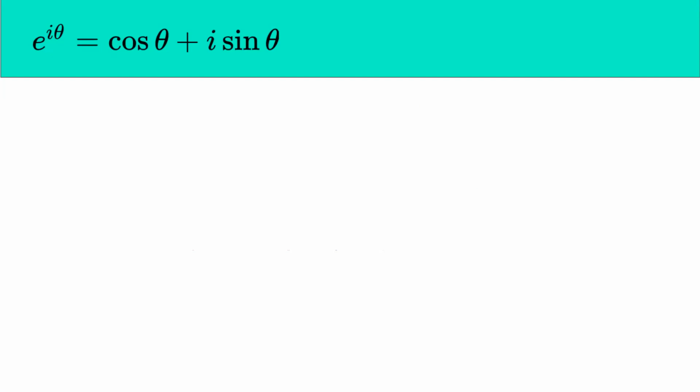First, recall that i is the imaginary unit, and it is equal to the square root of -1. Raising i to the 0th power, we get i to the 0 is equal to 1. As we multiply both sides by i, we get i to the first power is i, i squared is -1, i cubed is -i, i to the 4th is again 1.